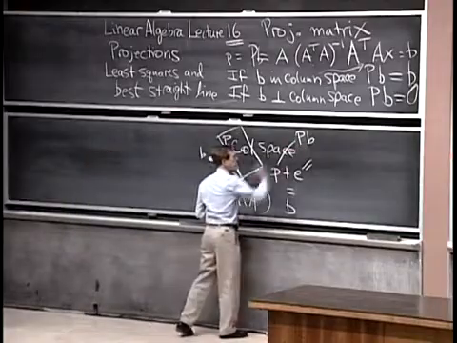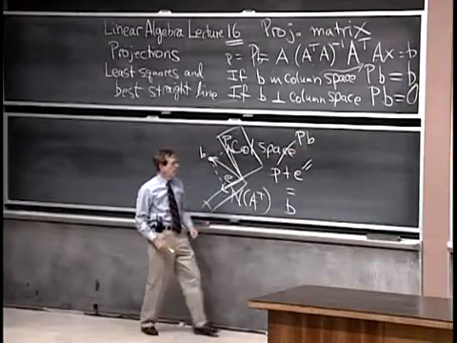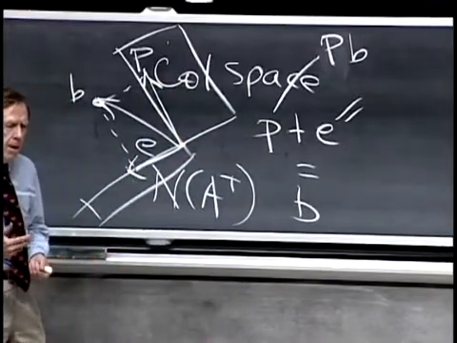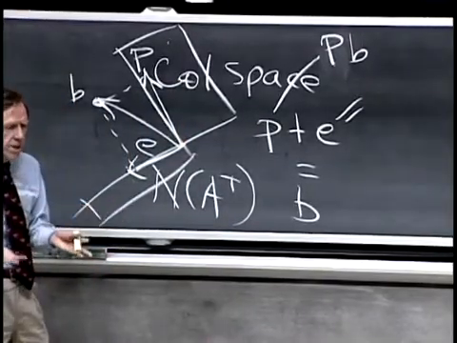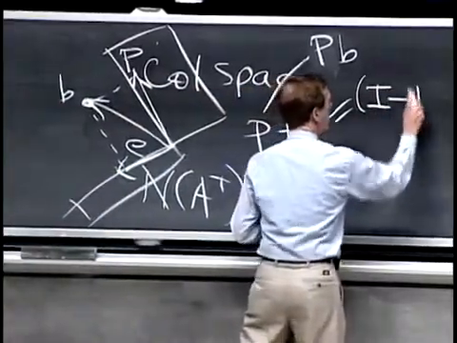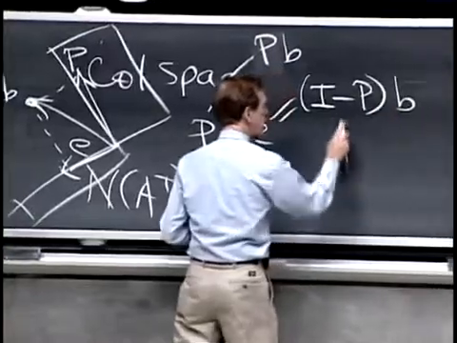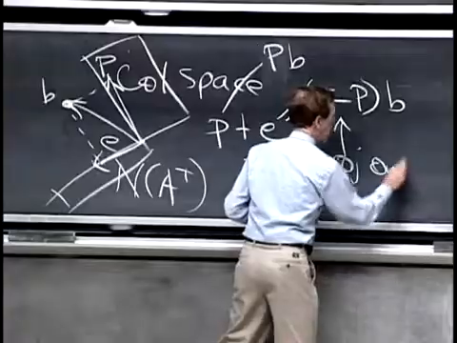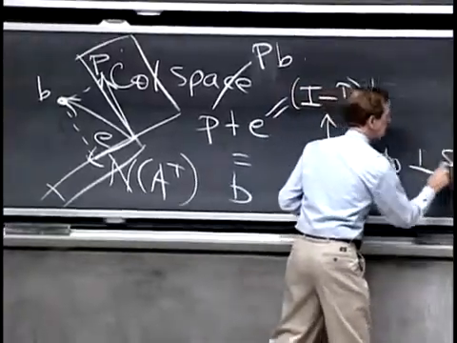So if this projection was P, what's the projection that gives me E? What I want is to get the rest of the vector, so it'll be just I minus P times B. That's a projection too. That's the projection onto the perpendicular space.